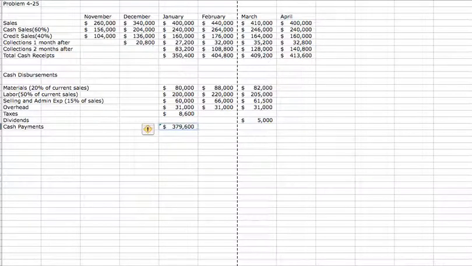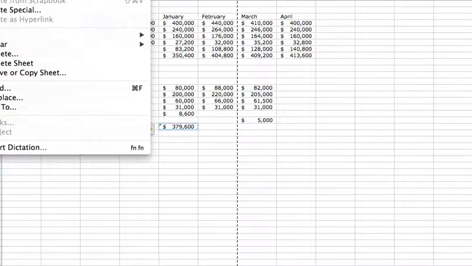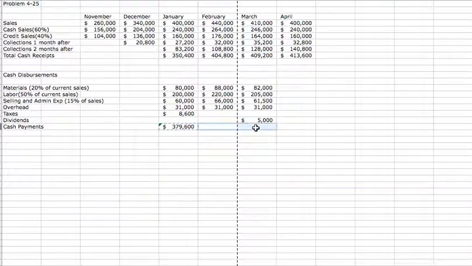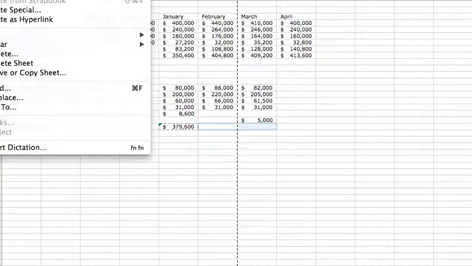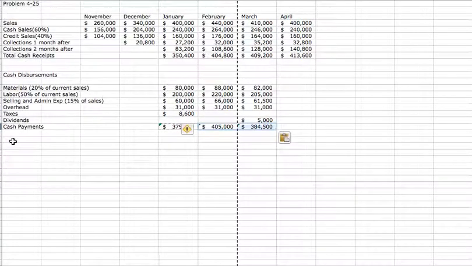And then we can copy that formula and paste it across. So we have a beginning cash balance, we have net cash flow.